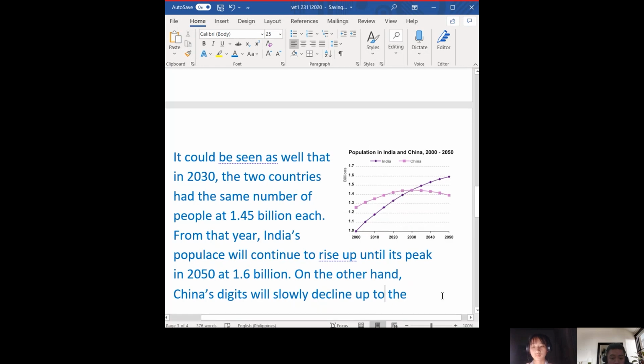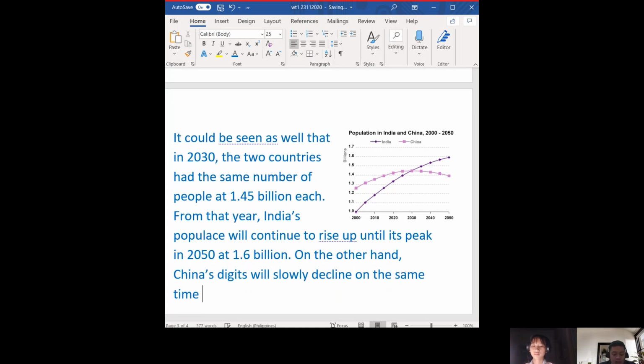On the other hand, China's figures will slowly decline over the same time period, to how many million?